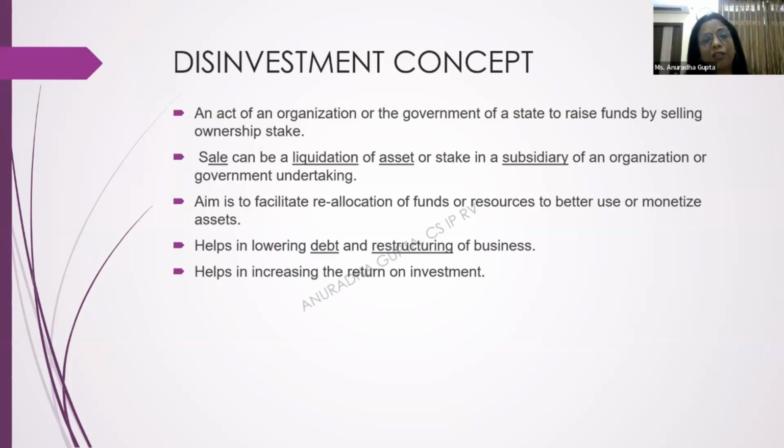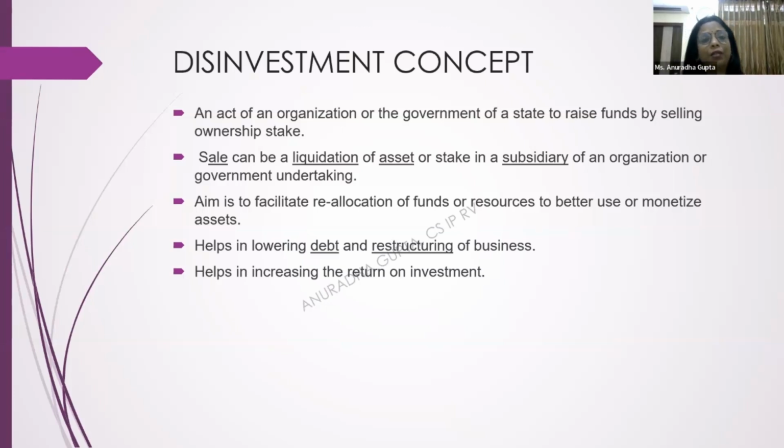They are being spun off and given to some other independent company, and the remaining company along with the core assets is offered for disinvestment. We will examine all that when we go to the different parts of this presentation. So the intent is to facilitate reallocation of funds or resources to better use.